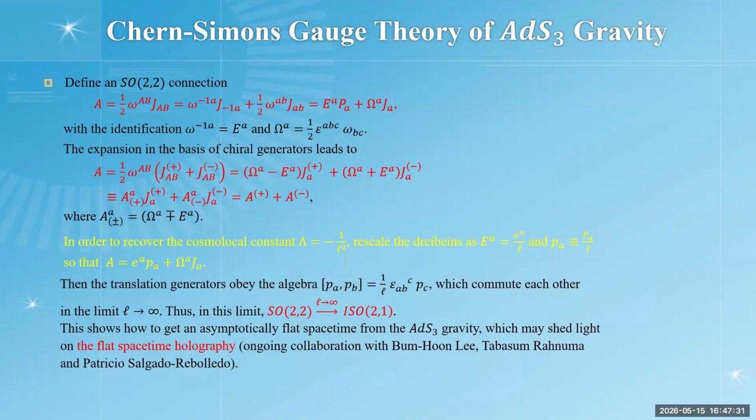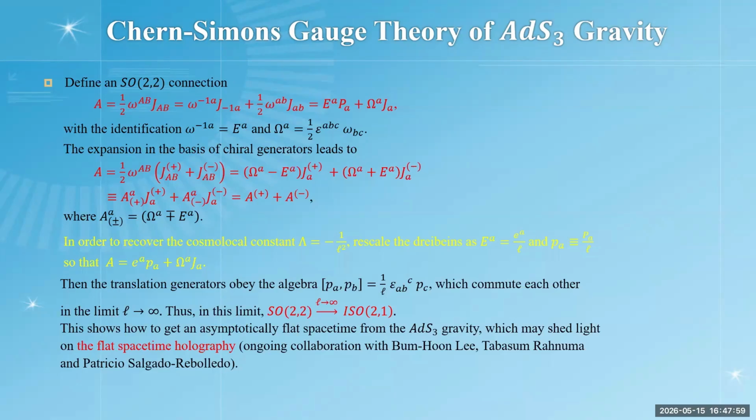J^AB is the previous Lorentz generator. But in 3-dimensional language, this J^A, that is the dreibein. And then omega^AB, because this is a P_A, and the corresponding gauge field is the dreibein. This is the rotation generator in 3 dimensions, so the corresponding gauge field is the spin connection.